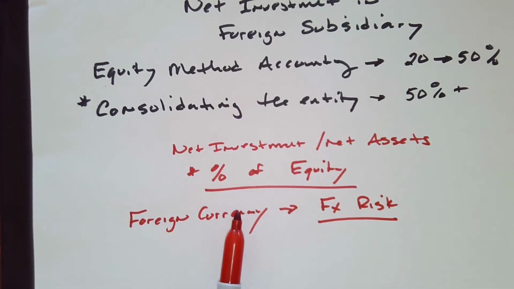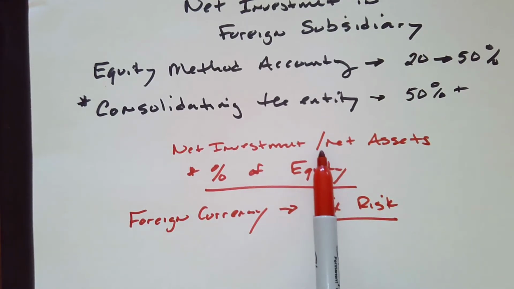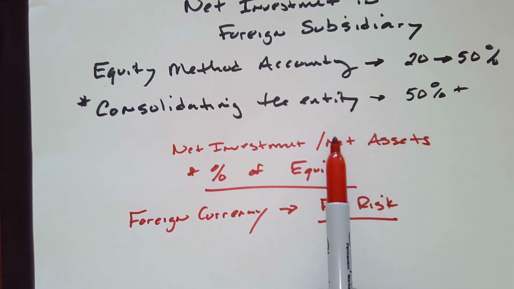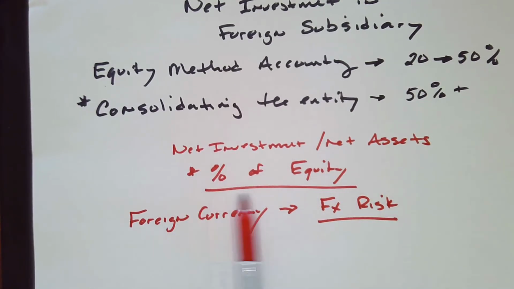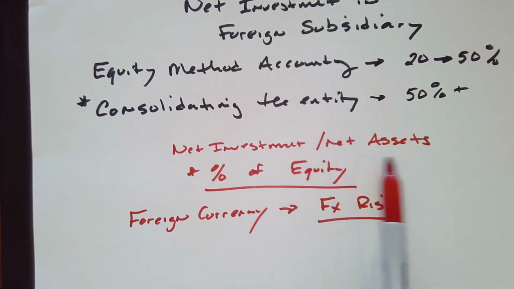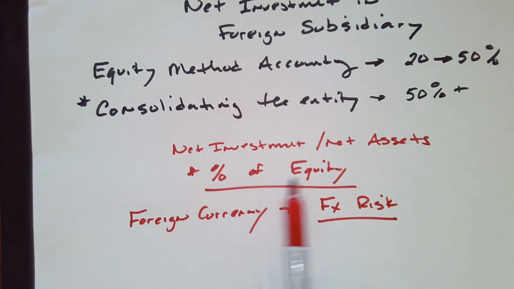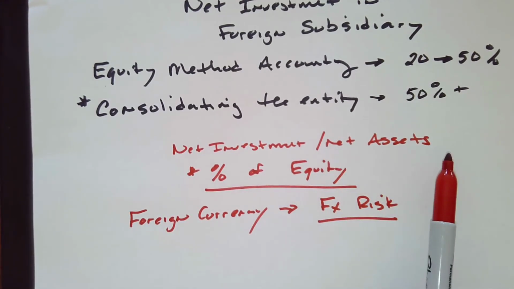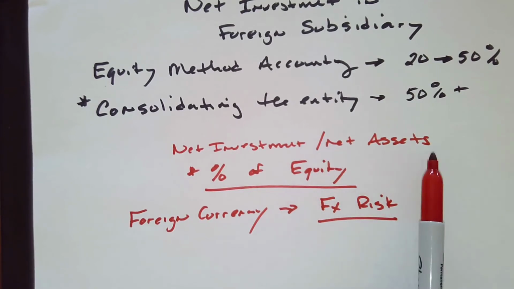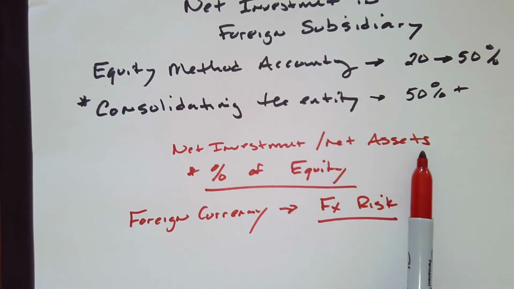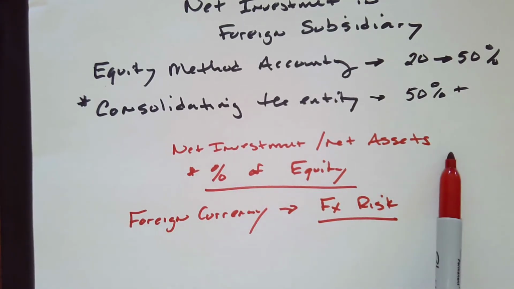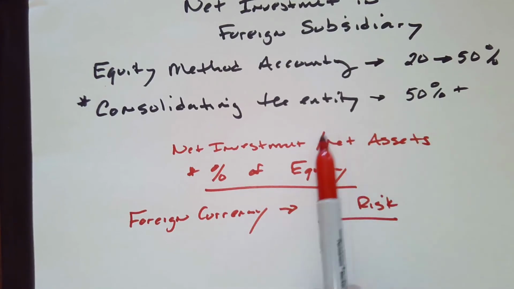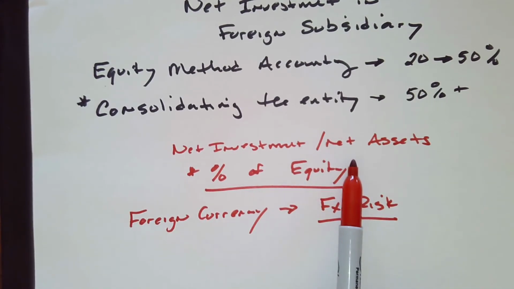So we can take all or a portion of the net assets that we own, whatever percentage of equity we own. We can hedge 50% of it, 10% of it, or 100% of it. We can't hedge 110% of it. But we can hedge a portion and identify which portion we want to hedge.